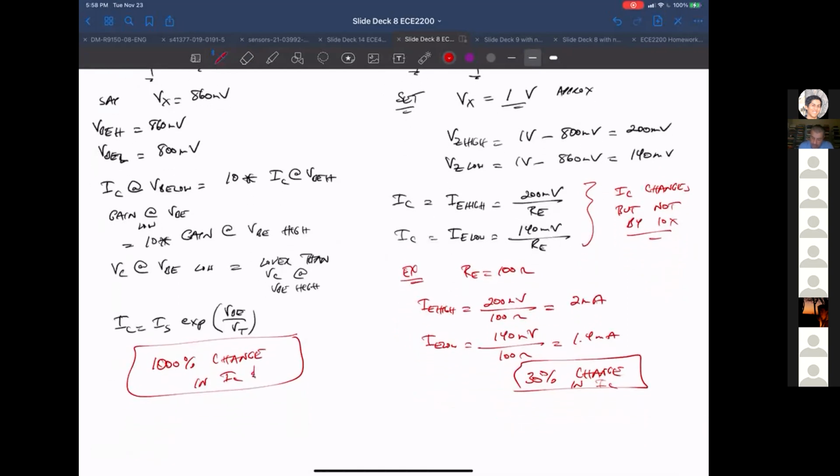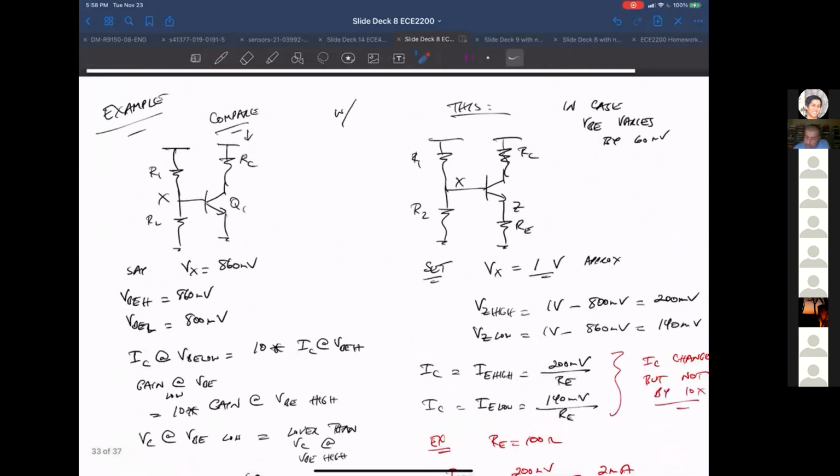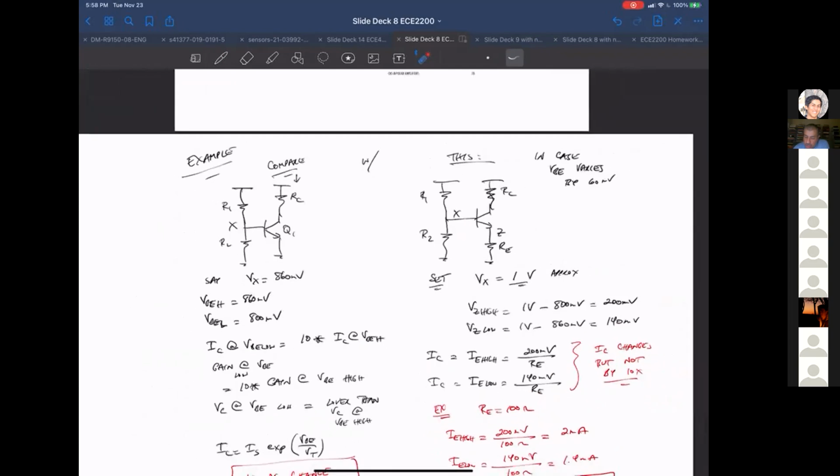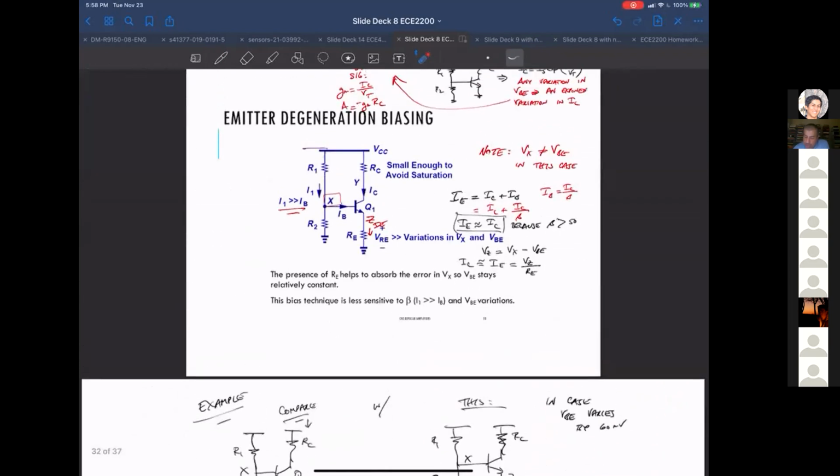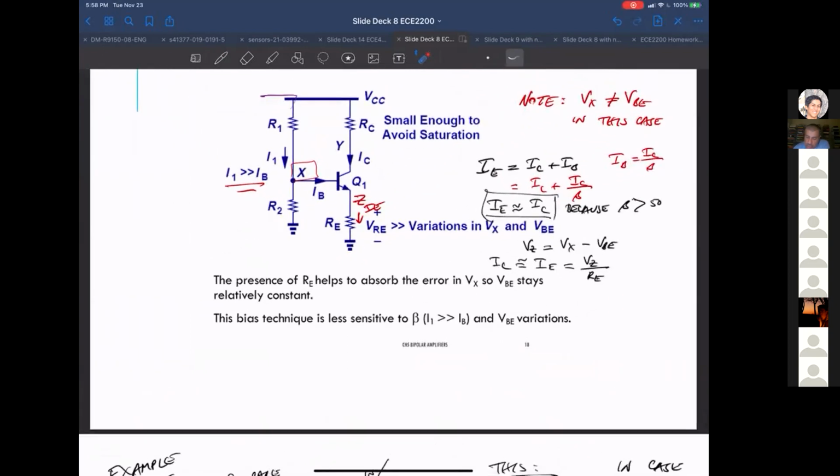Okay, and gain. So what you're doing by degenerating the emitter is, you still get a variation because of VBE, but R sub E helps absorb the error in V sub X and VBE.